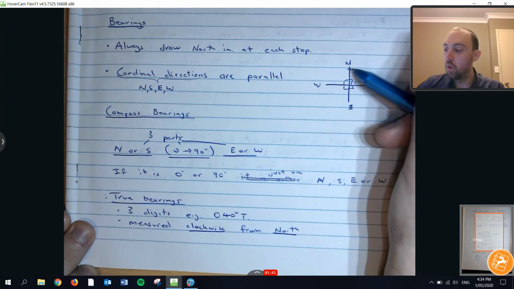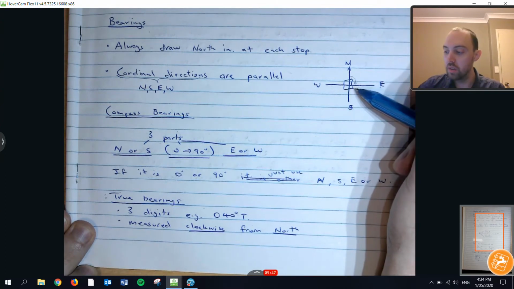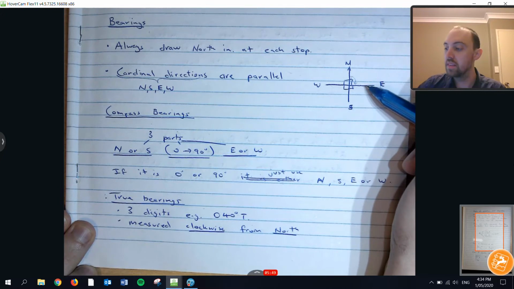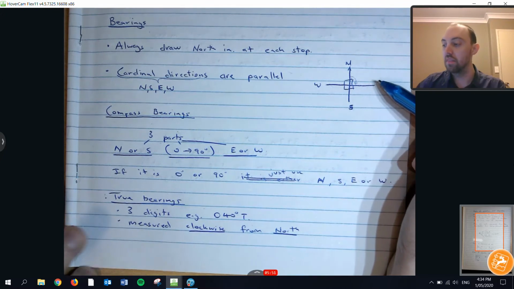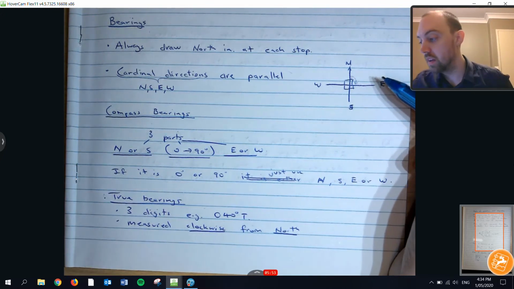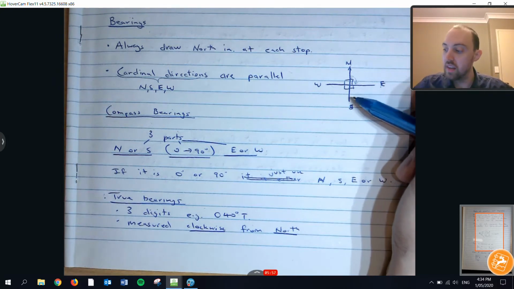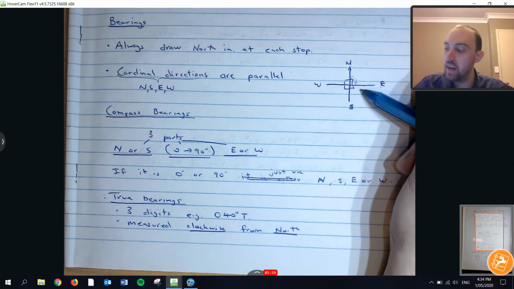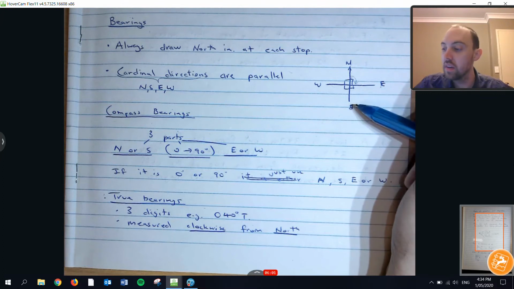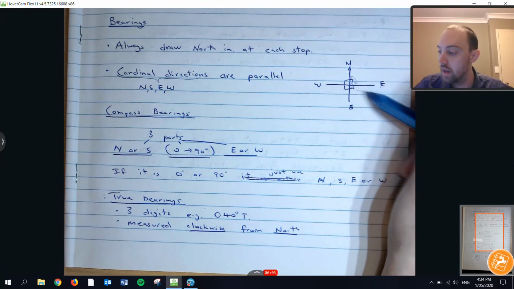So if you went north 91 degrees east, it doesn't quite make sense because once you're past 90, you're traveling away from east. But you would start saying south 89 degrees east and coming back the other way.